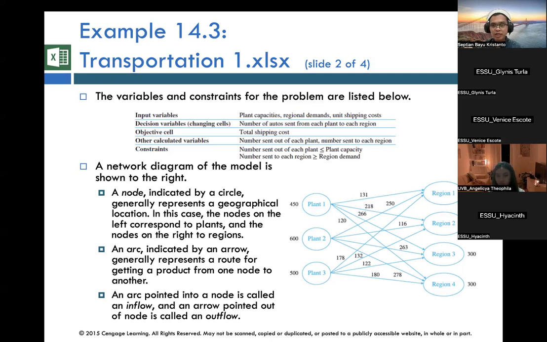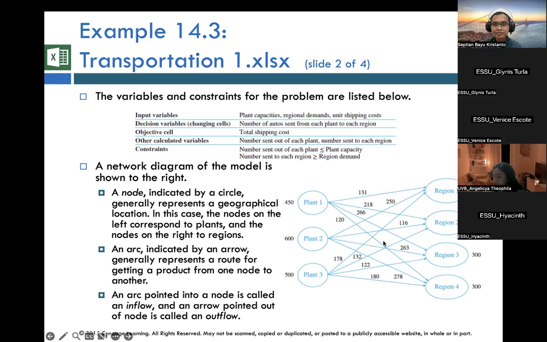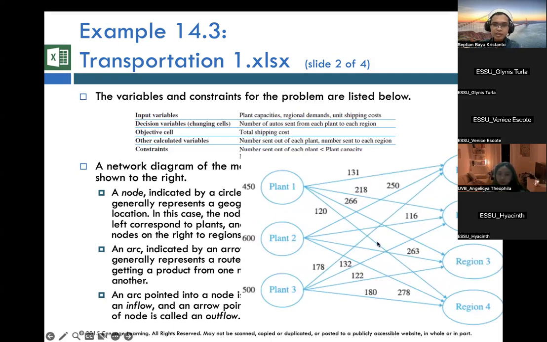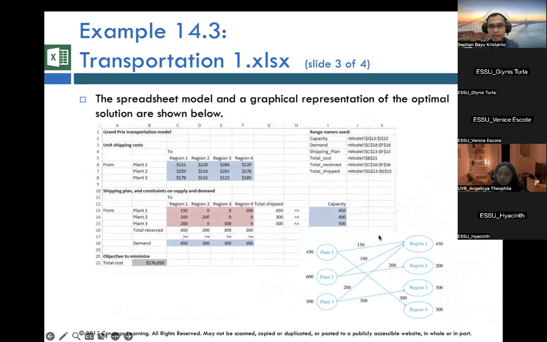So we need to create some flow of products or flow of information from the plantations to every region. This is the basic problem in the transportation model while we do business in logistics and transportation. So in Excel, you can do with probability models like this one.